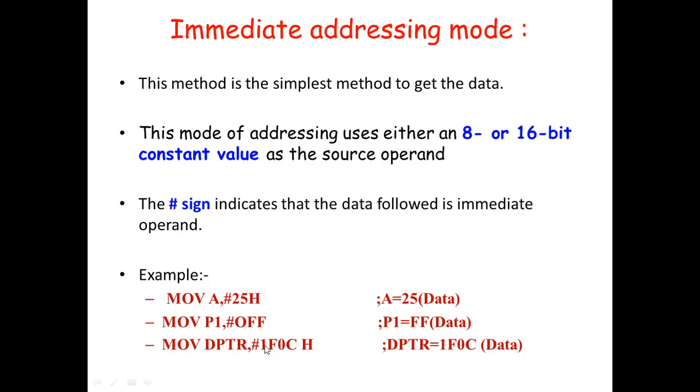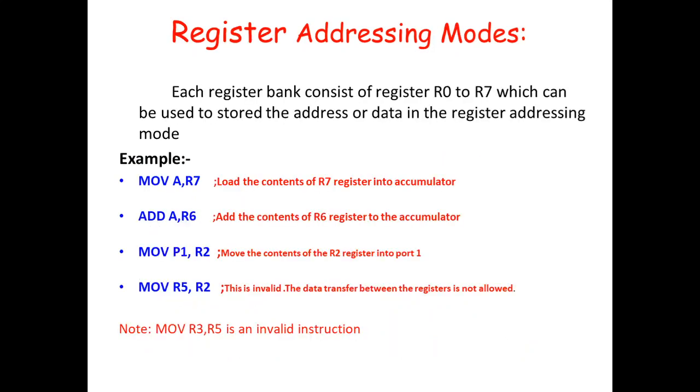Suppose my number starts with any alphabet, at that time I must write 0 there. Any difficulty with this? So with the help of immediate addressing mode, you can place direct data into a register or into one of the ports. Agree? Okay, then we will proceed to the next addressing mode, that is register addressing mode.